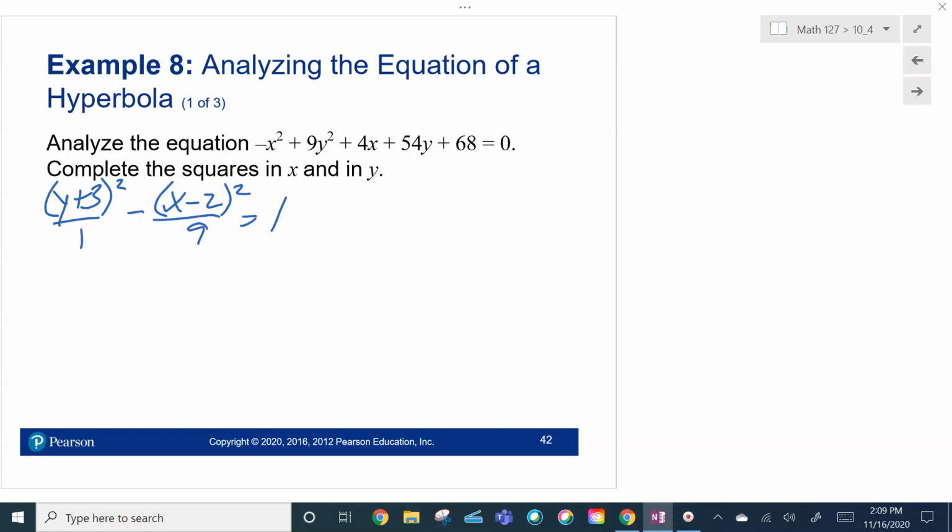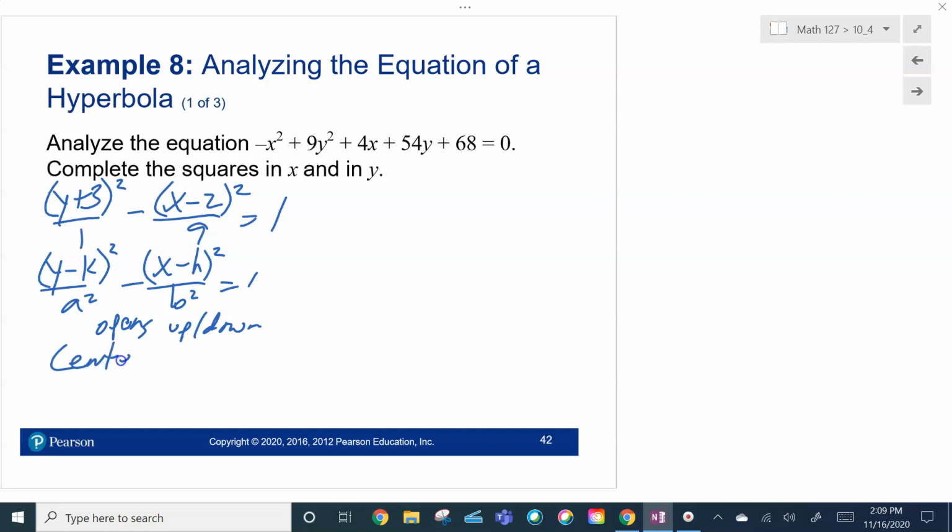Okay, we have that. So we know this thing is of the form y minus k squared over a squared minus x minus h squared over b squared equals 1. It opens up, down. You notice the y squared is first, right? Opens up, down. So the center h, k: x minus h, x minus 2, so here's my h, 2, and my k, y minus k, y plus 3.